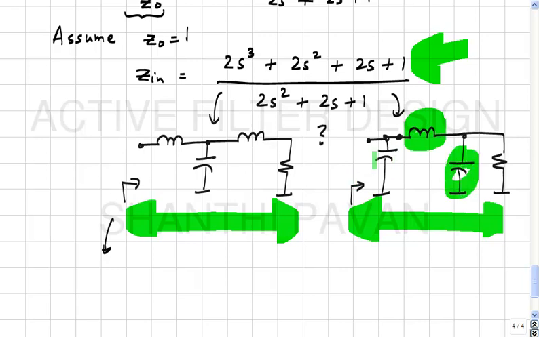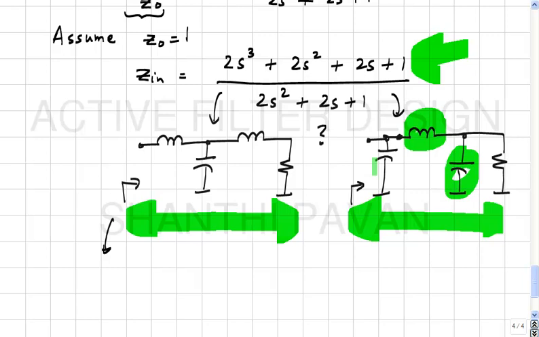So this network will look like a capacitor. You understand? Is this clear? It's got nothing to do with the number of inductors or the way they are connected. T, pi, all that stuff is irrelevant.